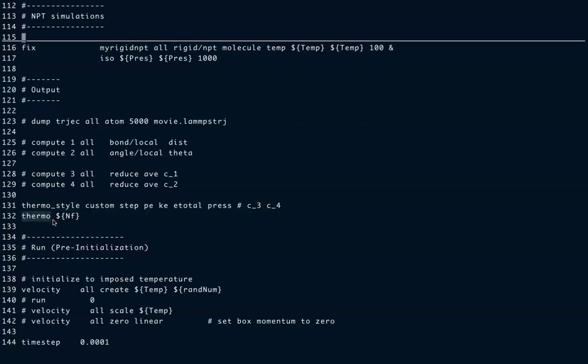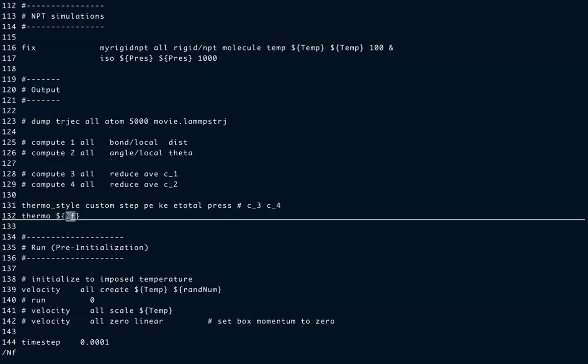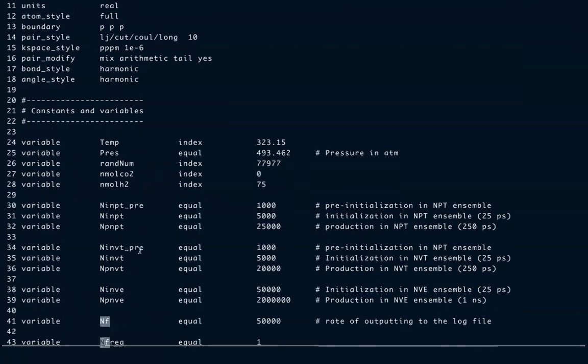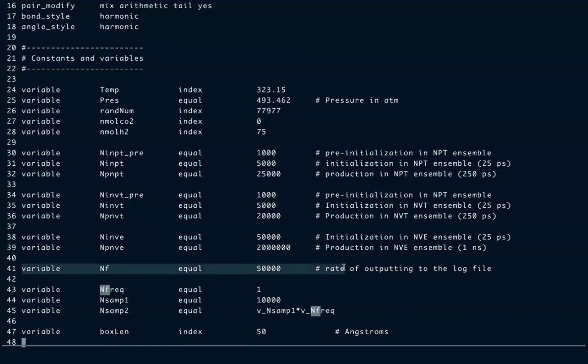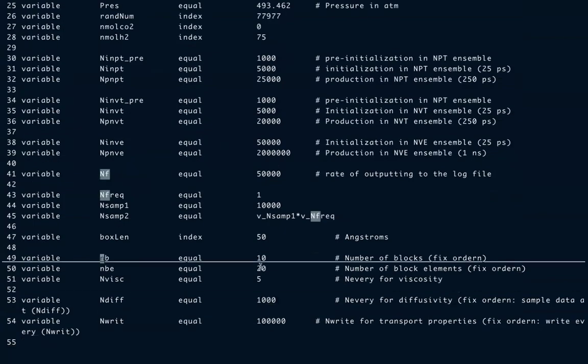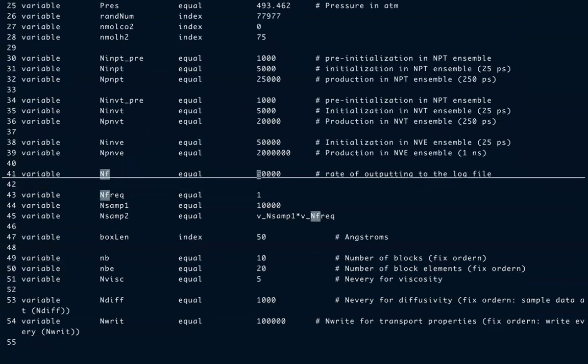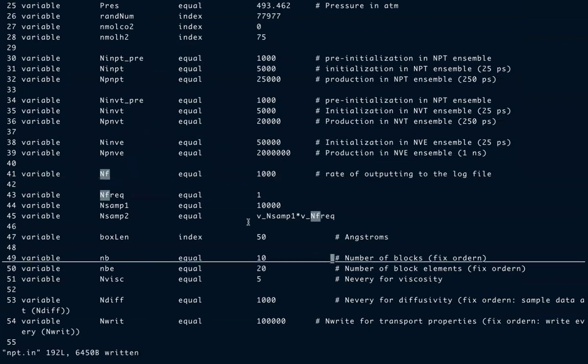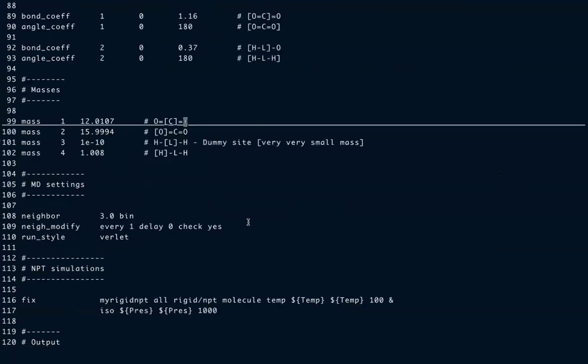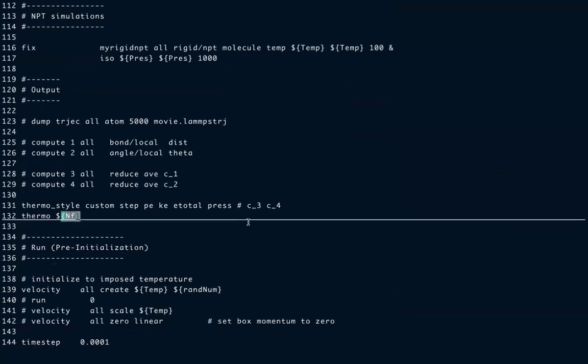All right, now you can say the frequency at which you should see this on the screen. So NF is something that I've specified as a variable here. You can see that NF is 50,000. So I'm asking it to output these parameters, or thermodynamic properties, every 50,000 steps, but I can change it to 1,000 steps, and that's what it's going to do.